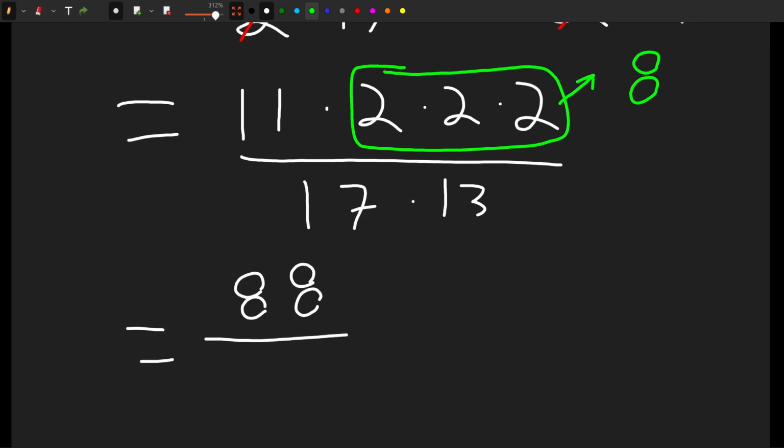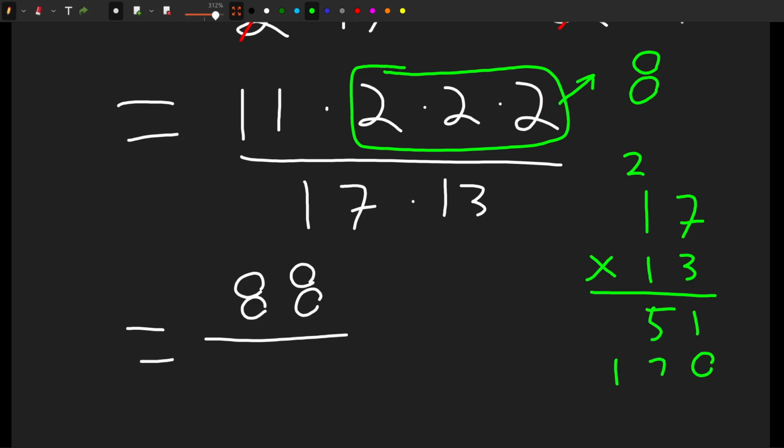And now all we have to do is figure out what 17 times 13 is. So 17 times 13, we get 3 times 7 is 21, carry the 2. 3 times 1 is 3, plus the 2 is 5, carry the 0, and now we get 170. Adding this together, we get 221.